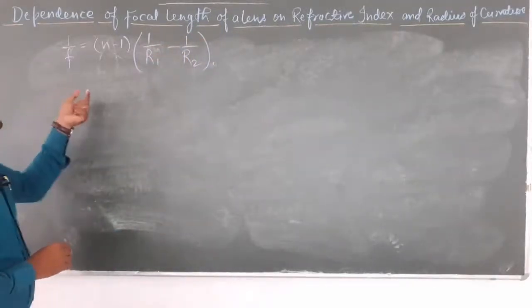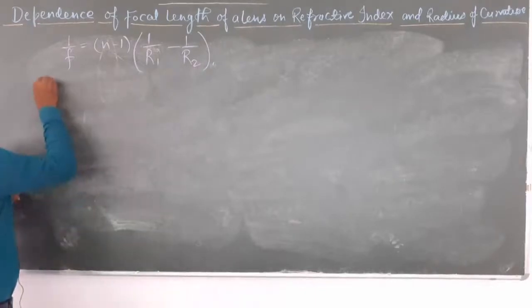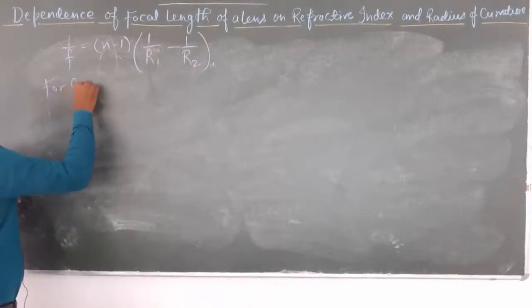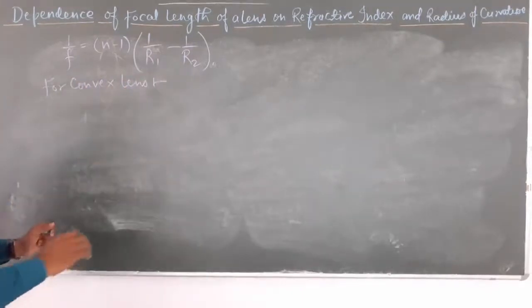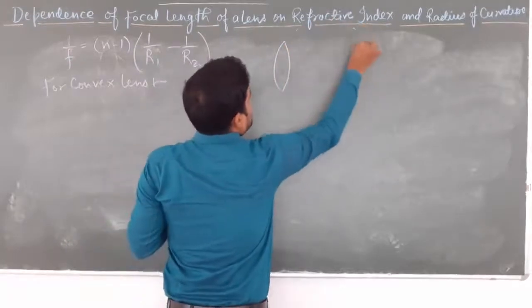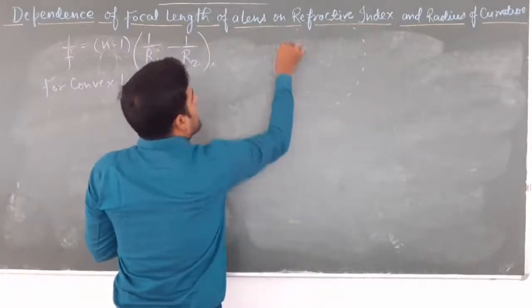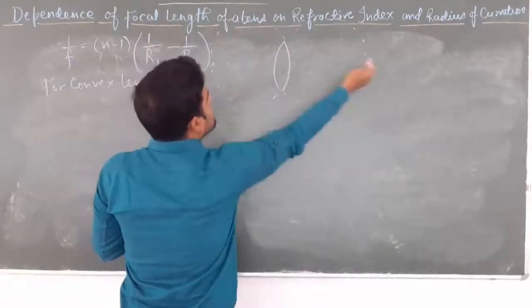Now, suppose we take a convex lens. For this convex lens, R1 will be positive, on the right side, and R2, this curve, will be on the negative side, the left side.